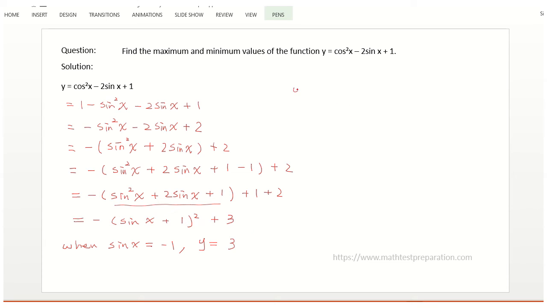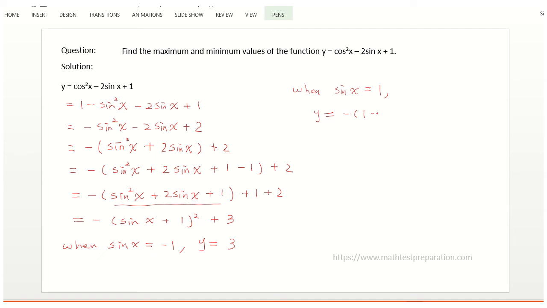When sine x equals positive 1, y equals negative. Sine x is positive 1.